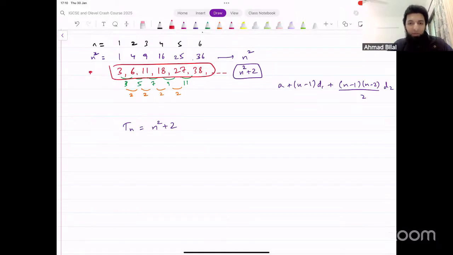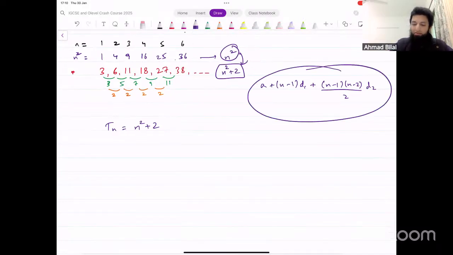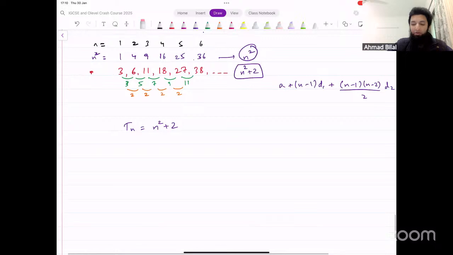Now, if you're able to recognize the pattern there, it will make things much quicker for you, that, okay, all you're doing is adding 2 to each number. So if the previous sequence was n squared, you just have to add 2 to that. And that makes this much quicker. Rather than having to use this formula for a quadratic sequence, you could do it directly like this.